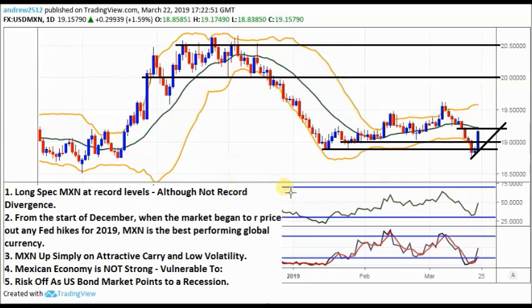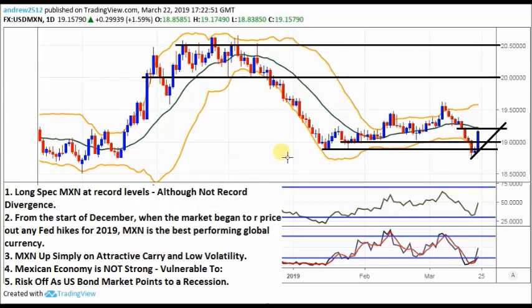And in terms of this pair, I'd like a good trade out of it, actually, because it hasn't given me much this year. I have tried long trades like here and here, but really, yeah, stopped out for minimal profit, and the carry basically took away our profits. So this time around, I'm looking for hopefully a really good move in USD MXN.